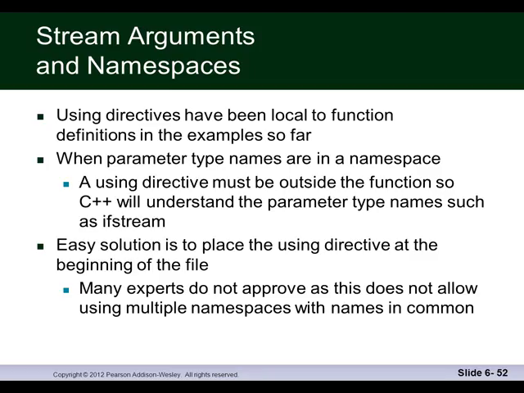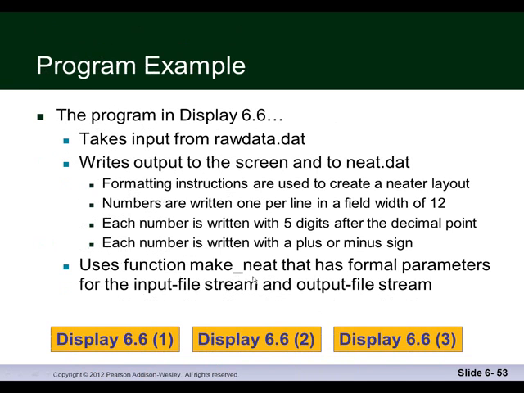So that's going to be a problem. That's what the namespace is talking about. The easy solution is to place the using directive at the beginning of the file, and some people don't like that, but that's the easy fix for now.